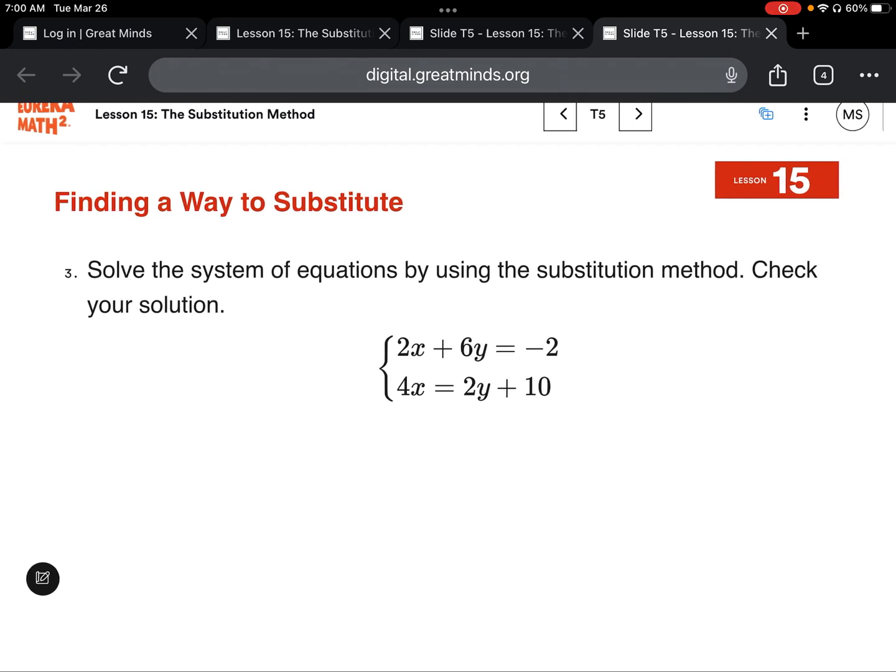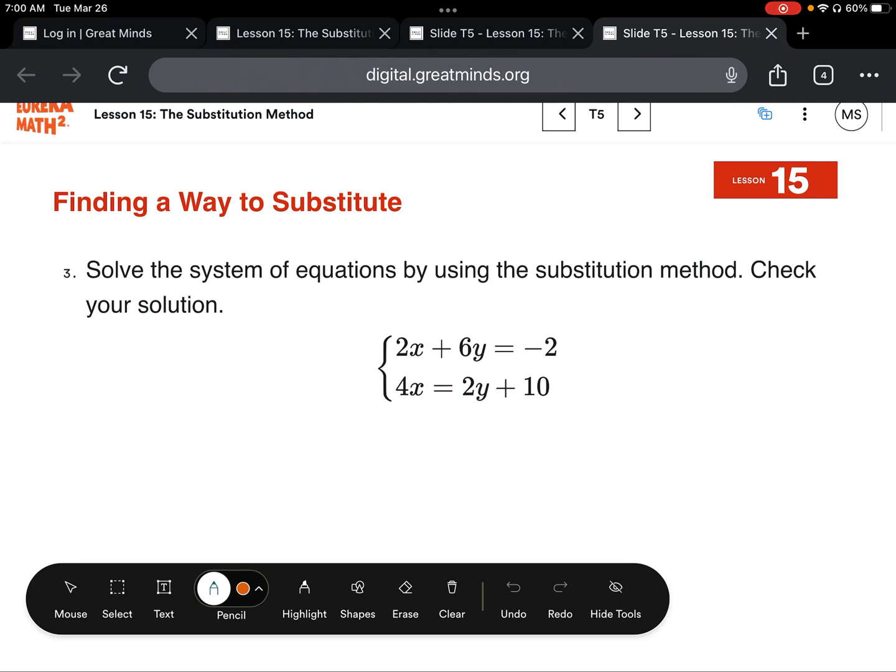So again, all I'm doing in my first step is rewriting this equation. I feel like I'm going to run out of space here pretty quickly, so I'll do that over here and then I might erase it. So 2x plus 6y equals -2. And I'm going to go for getting x alone. So I'm going to subtract 6y. Oop, I didn't mean to write that equal sign.